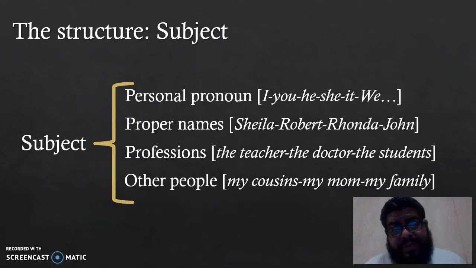We also have professions or titles like the teacher, the doctor, the students, or other people, people related to us or different to us. For example, my cousins, my mom, my family, my neighbors, my friends, some other people, whatever you want. Okay, this is the subject.